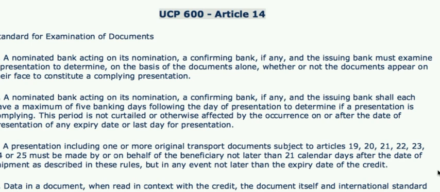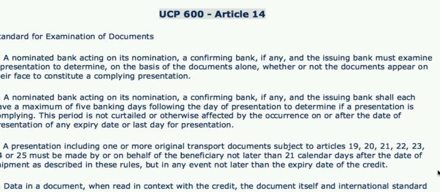But now it has been clearly expressed that a nominated bank acting on its nomination, a confirming bank and the issuing bank shall each have a maximum of 5 banking days. Banking days means working days.